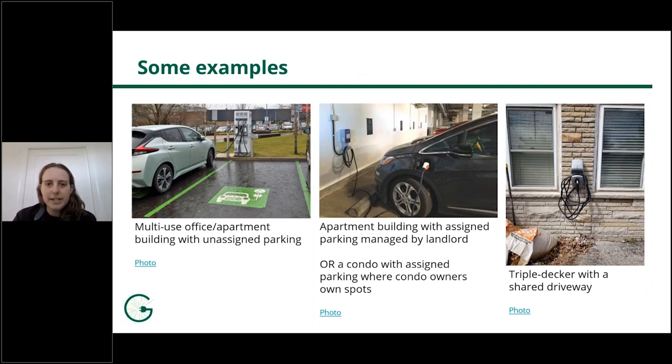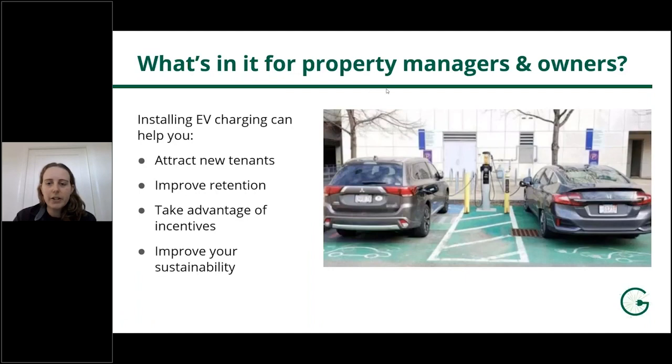The good news, though, is that there are key underlying benefits for whoever the decision maker is that can give you a hook to start this conversation if you do live in an apartment or condo. So installing EV charging can help both condos and apartments attract new tenants or improve retention. As we saw, increasingly people are looking to go electric, so they're going to be drawn to places that facilitate the ownership of an EV.